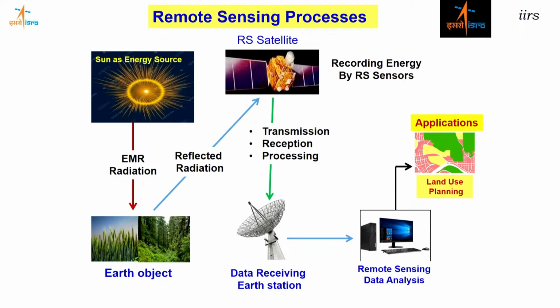If you see how remote sensing satellite data works, the sun is the source of energy. From there, the electromagnetic radiation reaches your earth object, and the object absorbs radiation for photosynthesis, or because of its chemical nature it will absorb some radiation, some radiation will be reflected, and some will be transmitted.